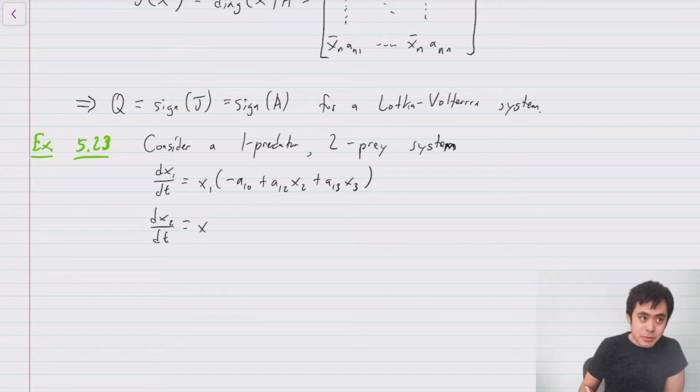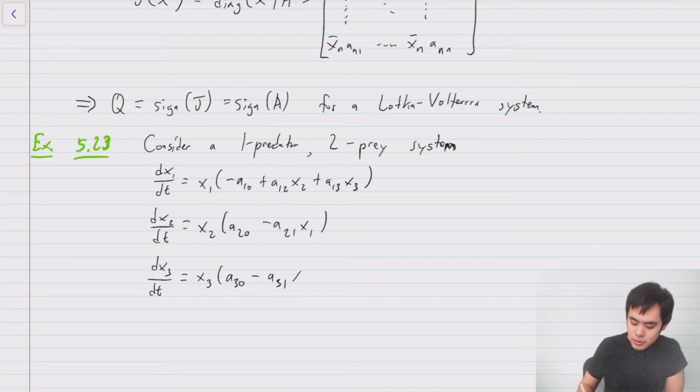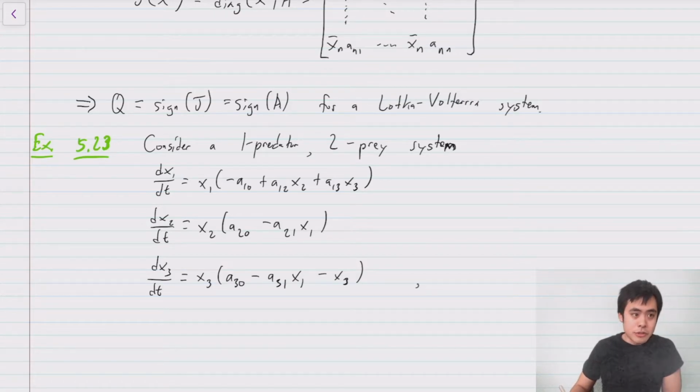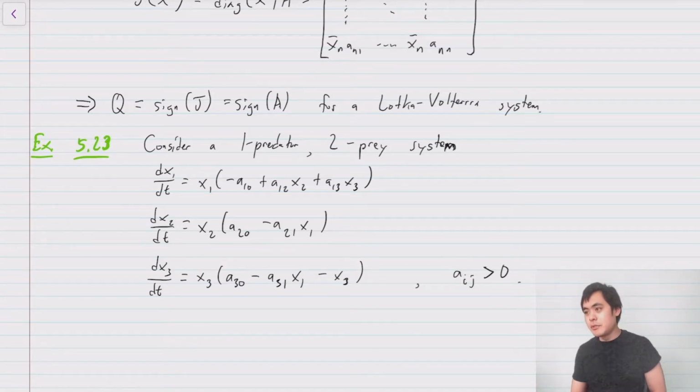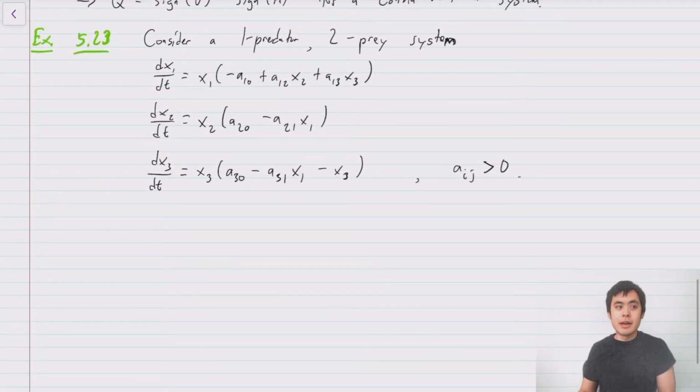This is a particular system I'm just writing out here, where we're going to assume that all the coefficients aij are greater than 0. And that's why I wrote some of those with negative signs. So basically I'm deliberately encoding in the negative interactions.